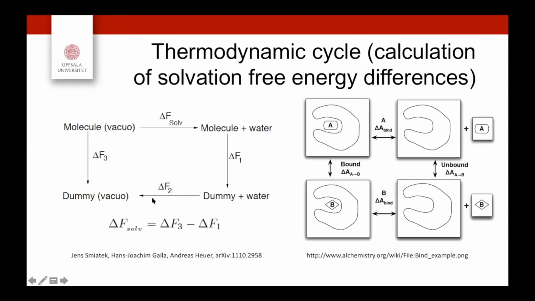Another example of the same thing: if we want to compare how strongly, or how big is the difference between the interaction of, I guess, a receptor and ligand, so between the particle A and the bigger molecule or the solvent, and the other alternative, like this B particle.